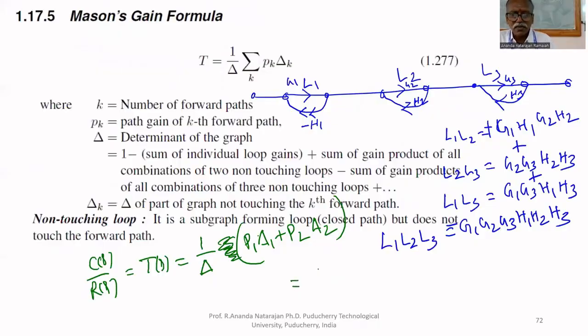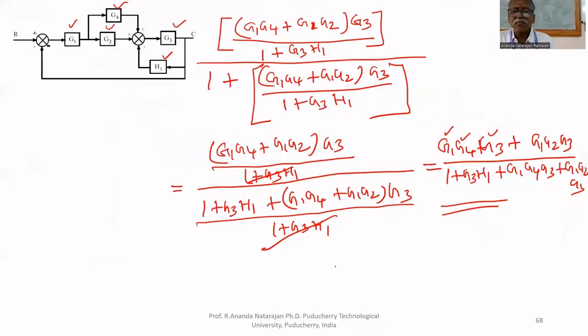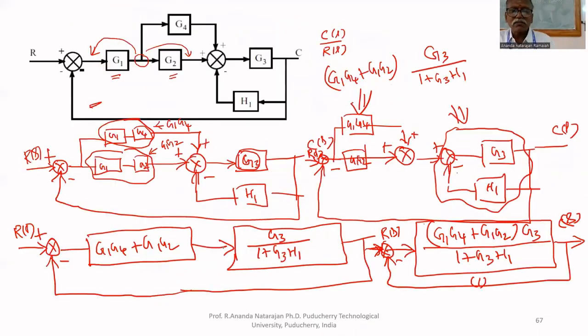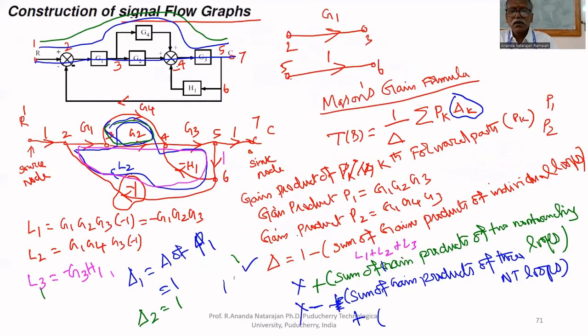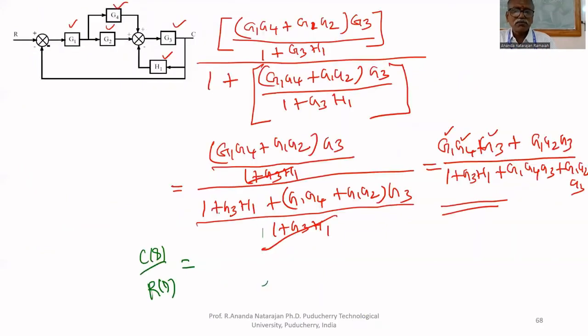I will write here so that we can compare. C of S upon R of S equals P1 delta 1 plus P2 delta 2 upon delta.